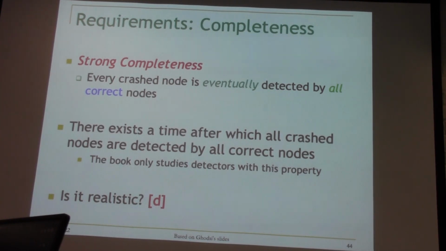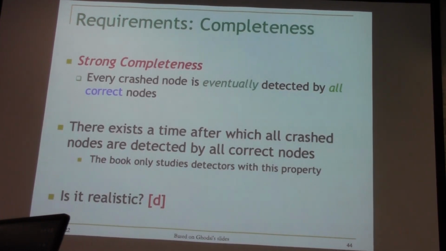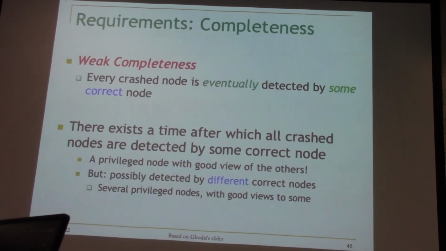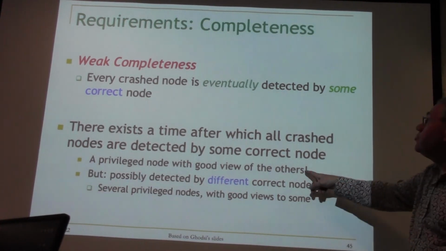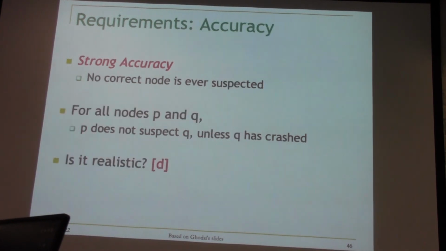Remember the properties. First of all, we have these 4 properties. Strong completeness, which is a very nice and good property, easy. Weak completeness, okay, which means there's some privileged node that sees all the crashed nodes.